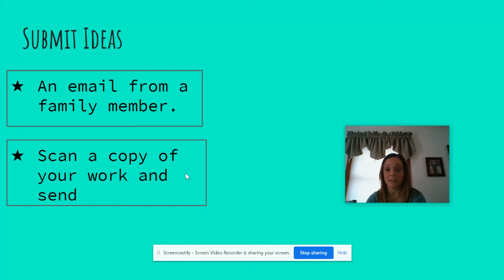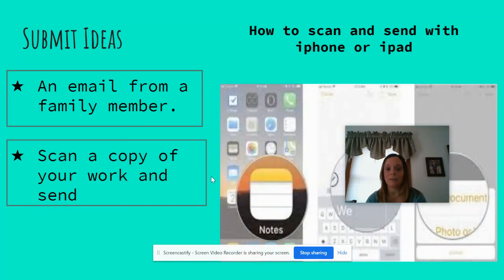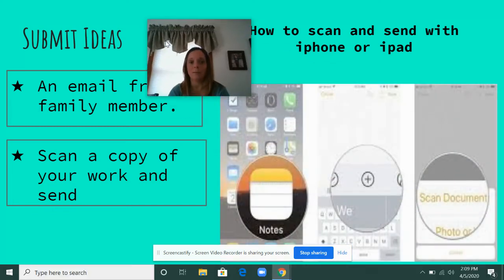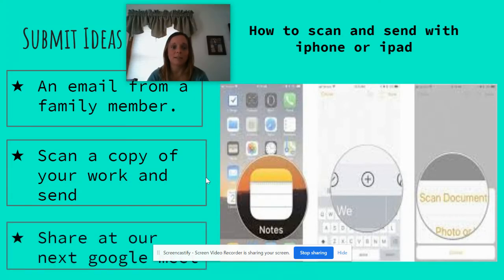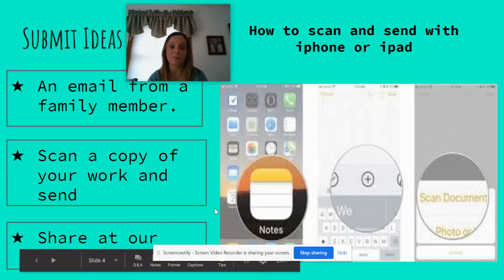So maybe scan it or take a picture if you don't have those and then attach it in an email. So here's an image I found off the web for how you could do that. Or if you're doing a Google Meet with your class in small group setting, have them be ready to share that with you during that Google Meet. And maybe if they didn't get 5 ideas by the end, think of all the ideas that maybe you could get with your small groups.